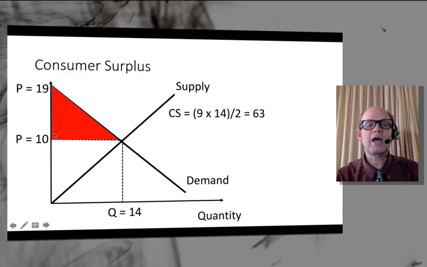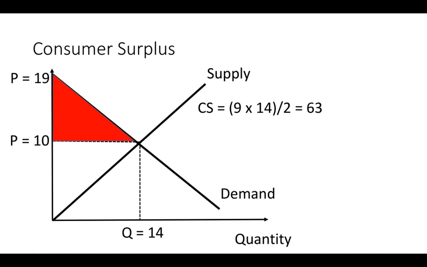It's base times height divided by 2. That's the area of a triangle. The base of this triangle is 14, goes from 0 to 14. The height is 9. It's 19 up here and 10 here. So 14 times 9 divided by 2 is 63. So that's the amount of consumer surplus.